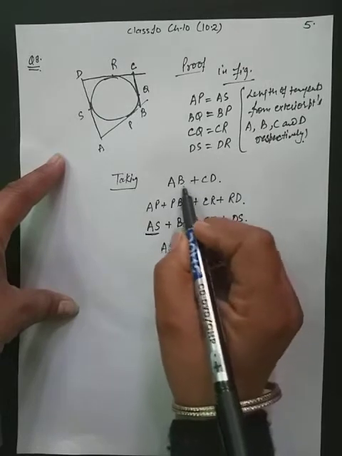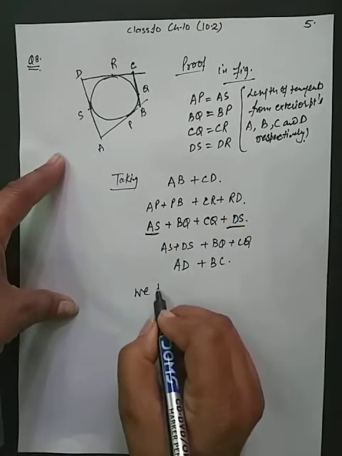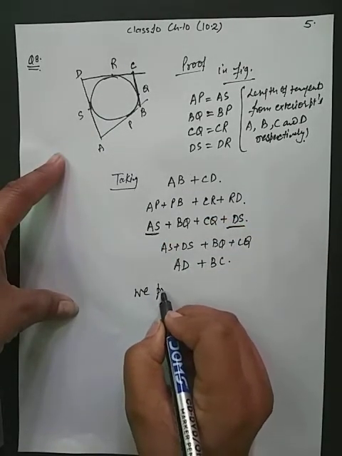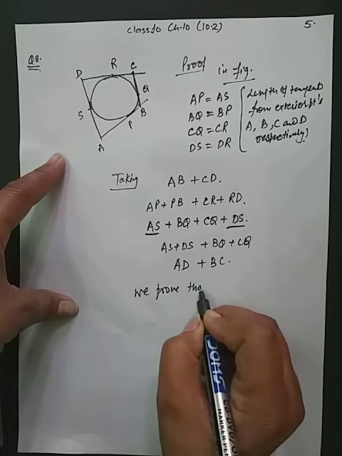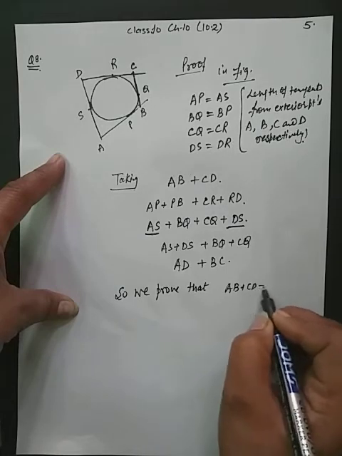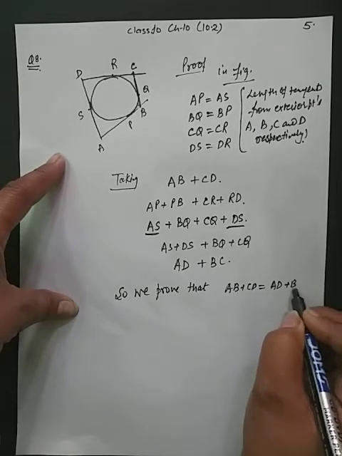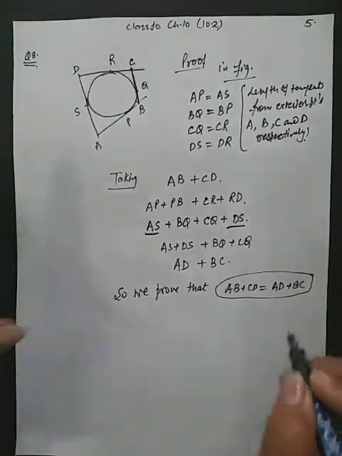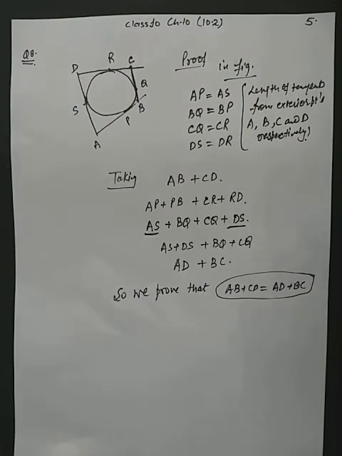So we have proved AB plus CD is equal to AD plus BC. This property will be used in many questions, and it is known that sum of the opposite sides of a quadrilateral which circumscribes a circle are equal.